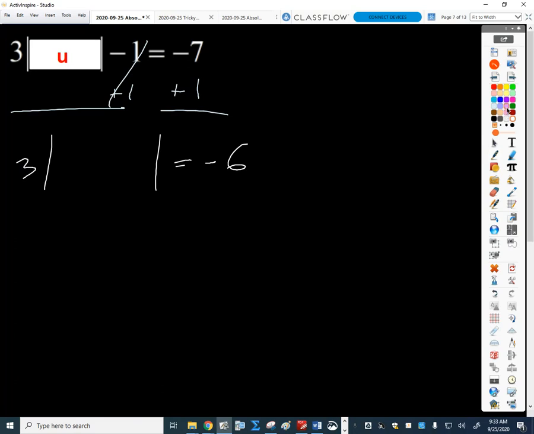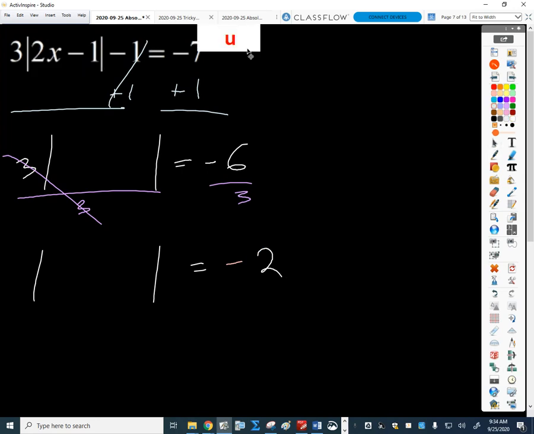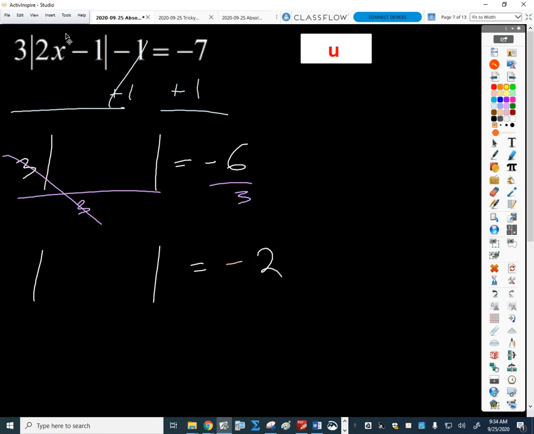I could divide by 3 to cancel the 3's. And then I get my isolated absolute value equals negative 2. And if I really want to put what's inside in there, what's inside is 2x minus 1, but I almost don't even have to do that, because maybe somebody sees a big problem.